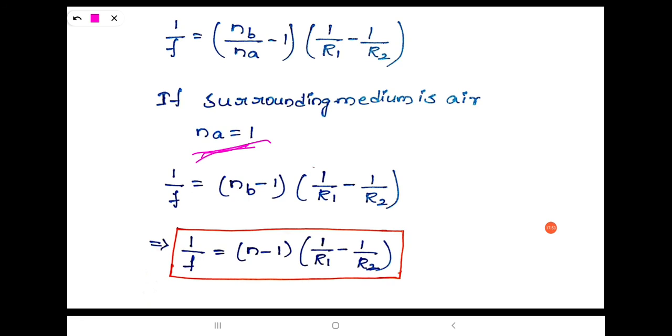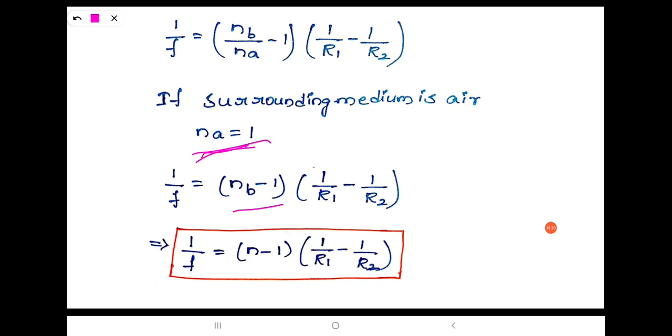So from this we can write 1/F equals (NB minus 1) times (1/R1 minus 1/R2). Here NB is the refractive index of the material, and R1 and R2 are the radii of curvature.